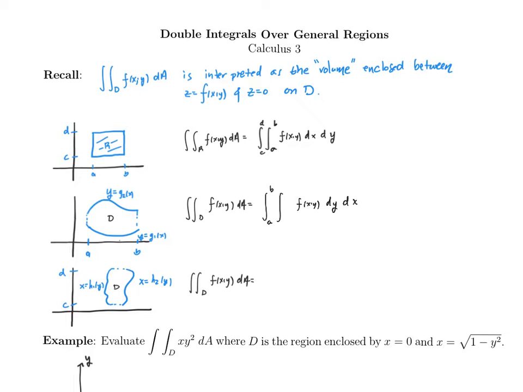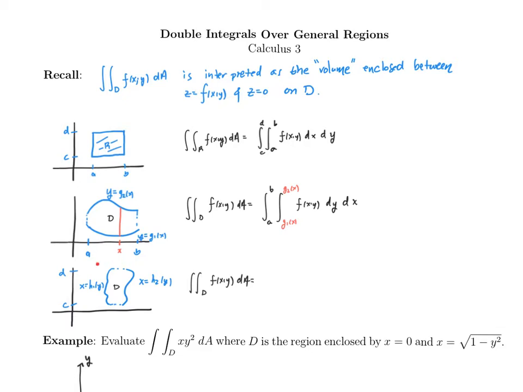But we also need to know for a generic x value between a and b, how do those corresponding y values vary? And they will vary along these vertical line segments where they go from the smaller function, y equals g1, our inside limit, to y equals g2, our upper limit. And this was one of those so-called type 1 regions.